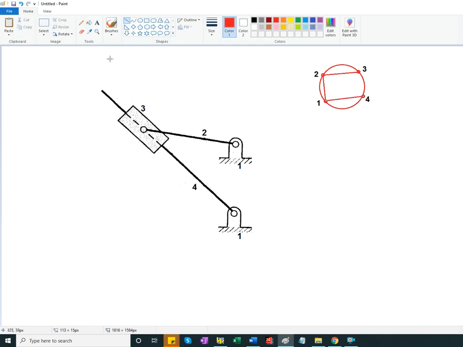3 and 4, this is going to be at infinity on a direction that is perpendicular to the line of sliding. Okay, between 3 and 4.